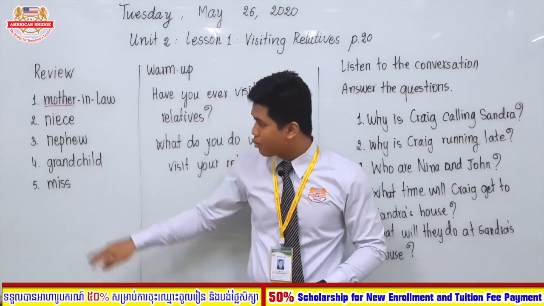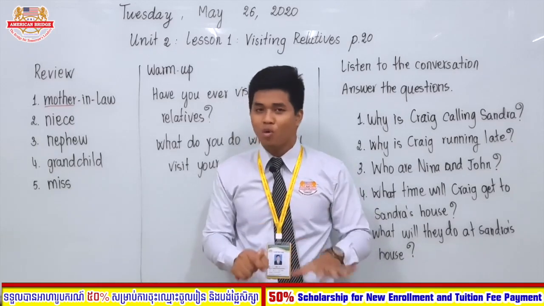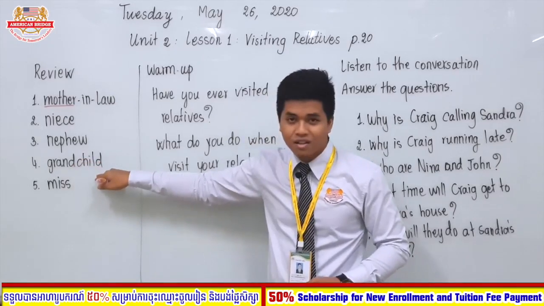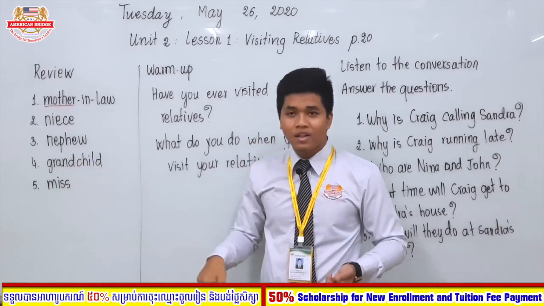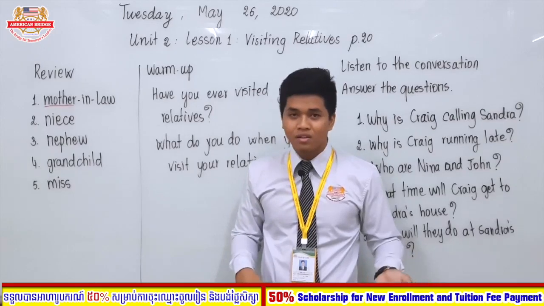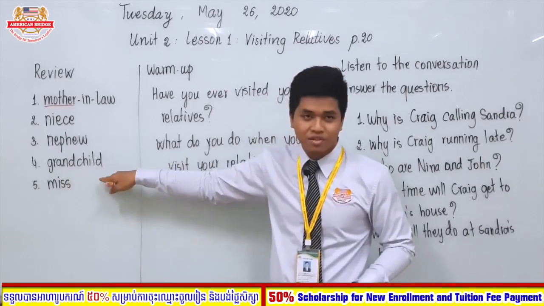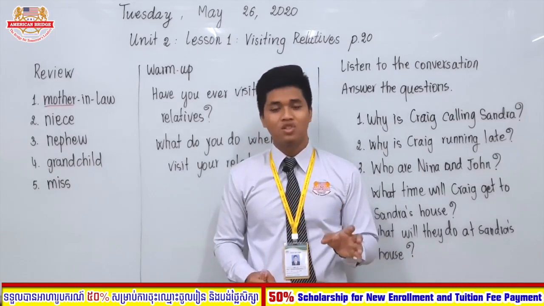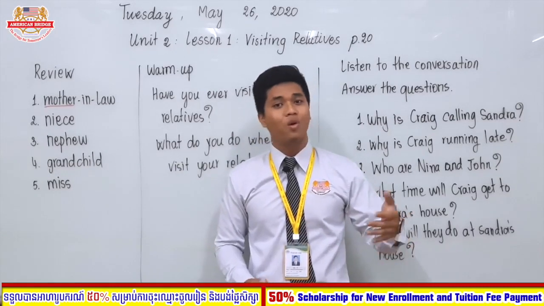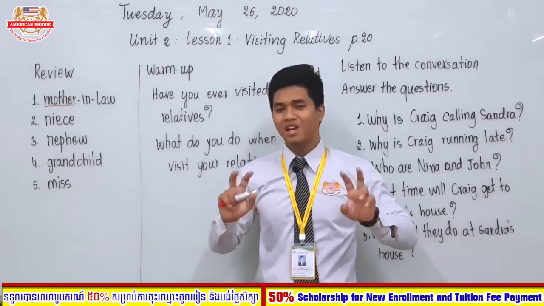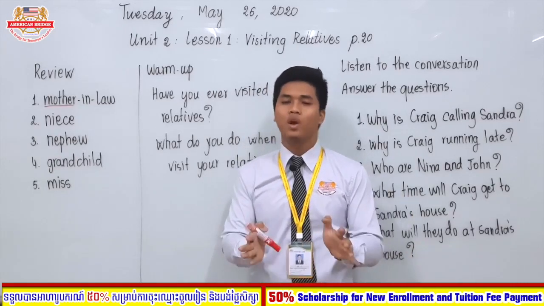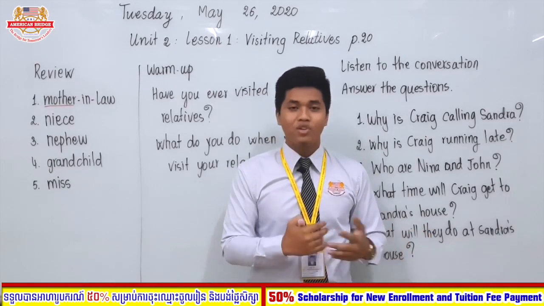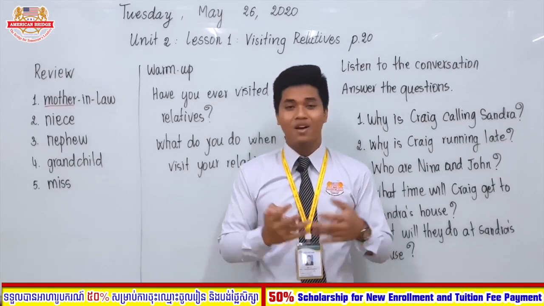Very good. And number 4, when you are getting old, you get a grandchild. If you have more than one grandchild, it becomes grandchildren. So grandchildren refers to the children of your own children. It sounds a little bit confusing, but put it this way: when you get old, you have a family, and when you have a family, you have a son, you have a daughter.